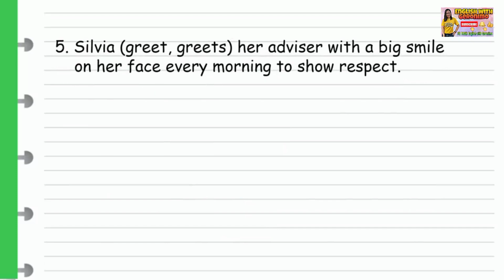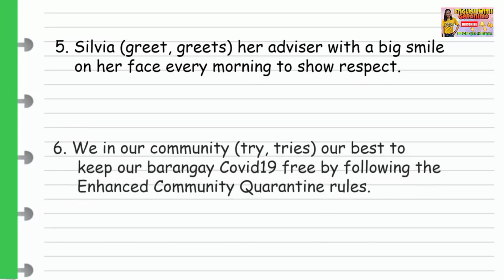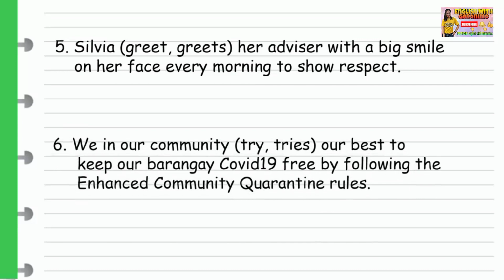Sylvia greets her advisor with a big smile on her face every morning to show respect. We in our community try our best to keep our barangay COVID-19 free by following the enhanced community quarantine rules.